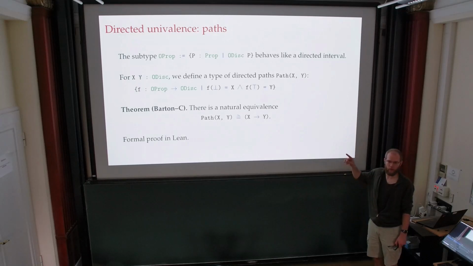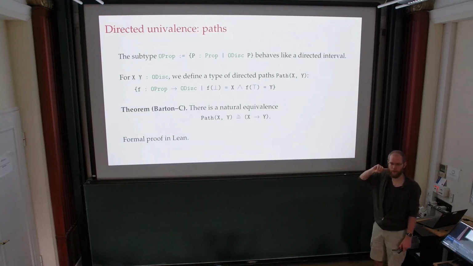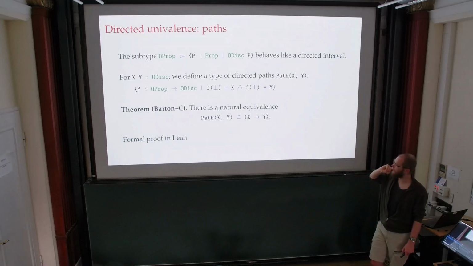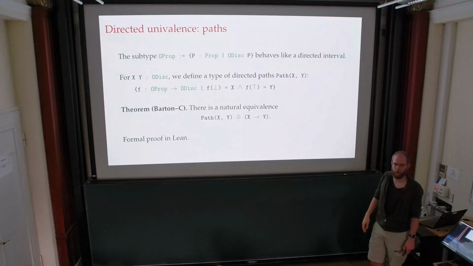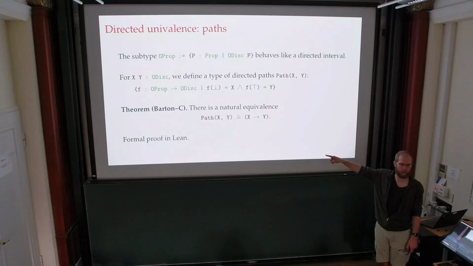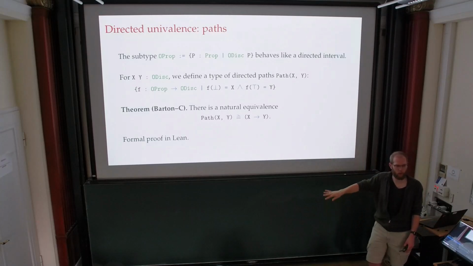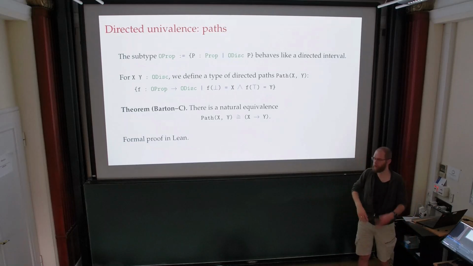So is that your univalence? Is that what univalence looks like here? That's sort of directed univalence. And we have a formal proof of this in Lean. So we start with basic Lean, we write down all our axioms, and we just start messing around, and at some point we can establish this.